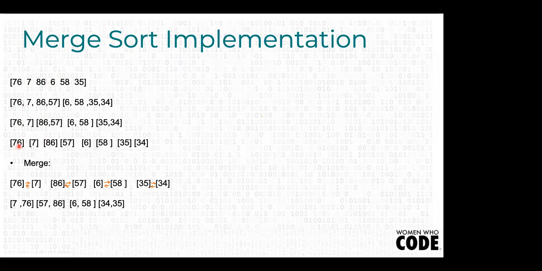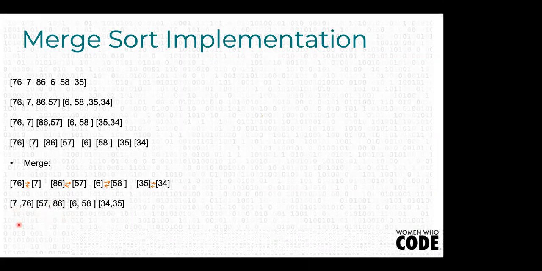And while doing the merge, compare the elements. 76 is compared with 7, and then a swap is done. And 86 is compared with 57, and it's not at the right position, so just perform a swap and keep merging. Now the smaller sublists are compared and added into the sorted list.